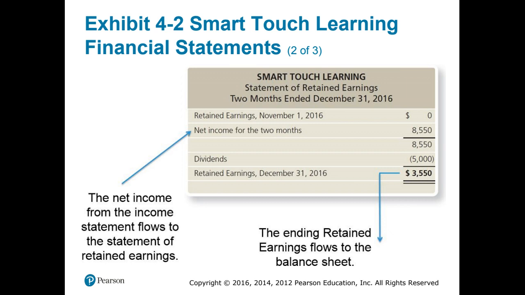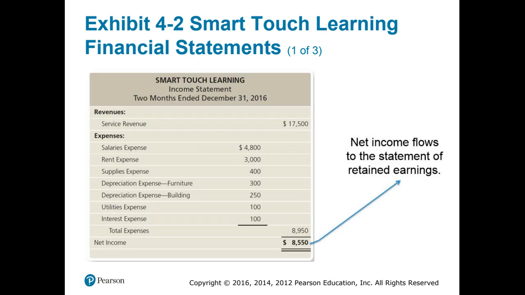The net income from the income statement flows to the statement of retained earnings. You see that here. And the ending retained earnings flows to the balance sheet. So if our income statement is wrong, this $8,550 would then be wrong.